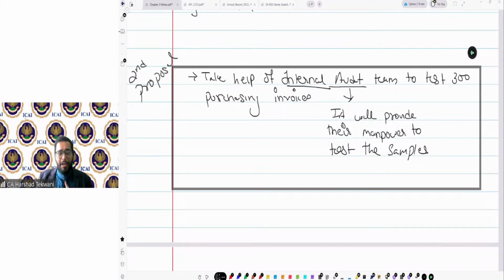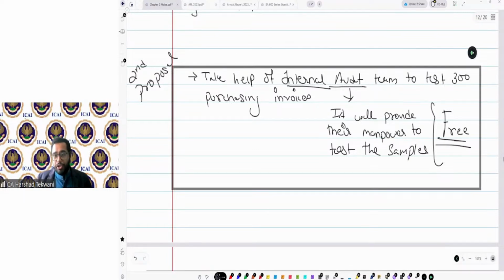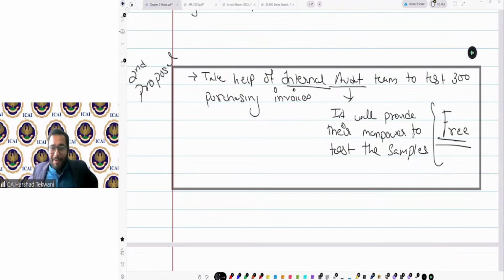The IA team will provide manpower to you to test the samples, and that too free, without any charge. Offer for the day. Use internal audit to test your samples. What do you think?